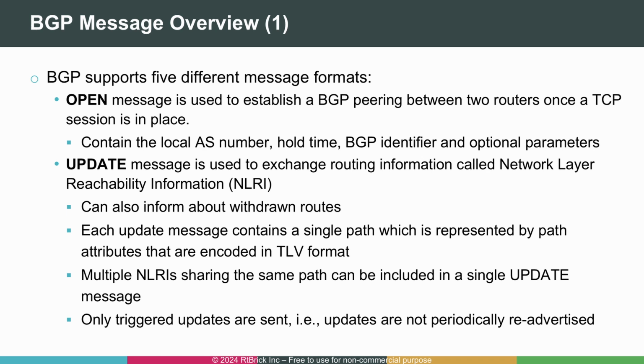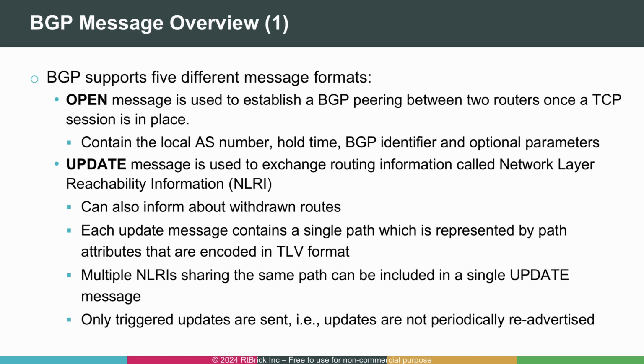A BGP update message contains information about a path, which is represented by a set of path attributes. Path attributes are encoded in TLV format, meaning that each attribute consists of a triple: type, length, and value, where the length defines the size of the value field. Note that multiple different paths require multiple update messages, as a single update message can only carry one path.